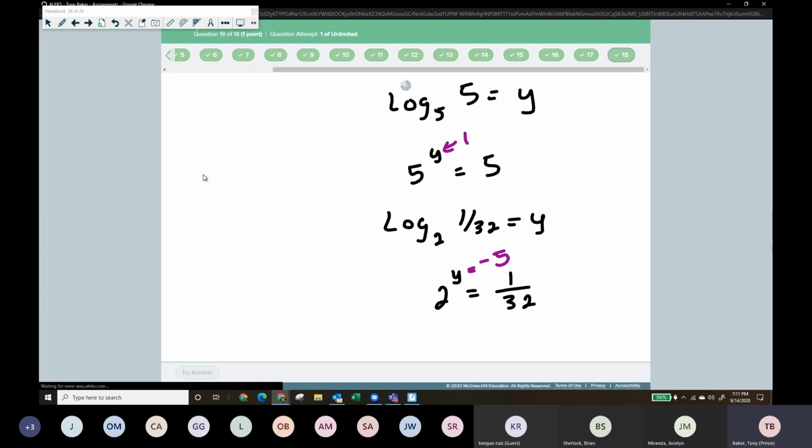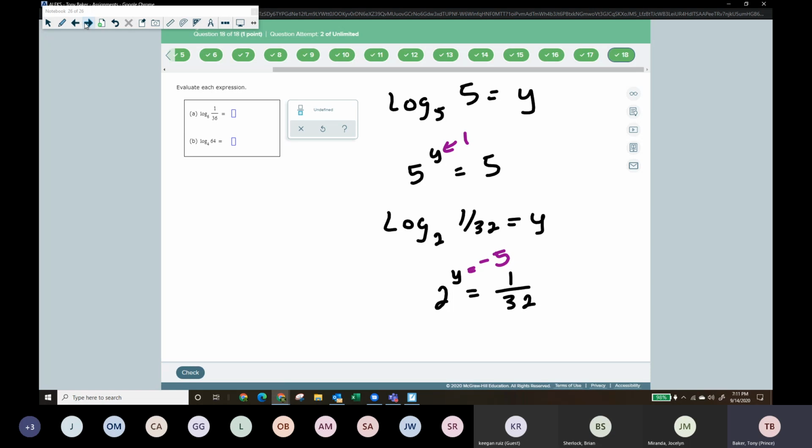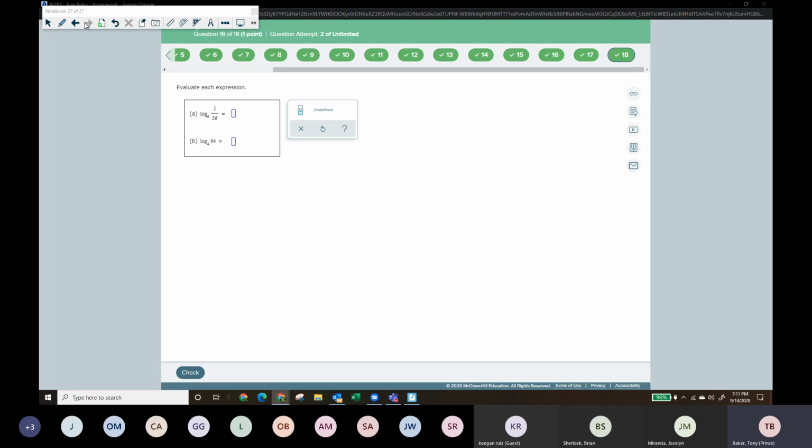Let's do one more of those. So we've got log base 6 of 1/36. So 6 to the y equals 1 over 36. It's a fraction, so it's negative, and 6 to the second power is going to give me 36.